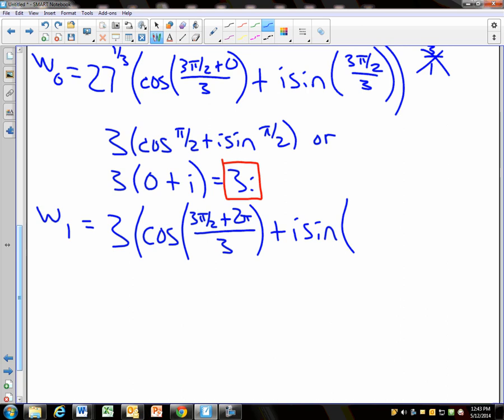But instead of writing the same thing, let's use it as a chance to simplify a little bit. 3 pi over 2 plus, instead of 2 pi, I could write it with common denominators. 2 pi is the same as 4 pi over 2, right? I'm just rewriting it so we can save some room.